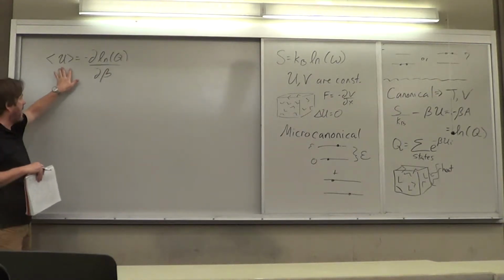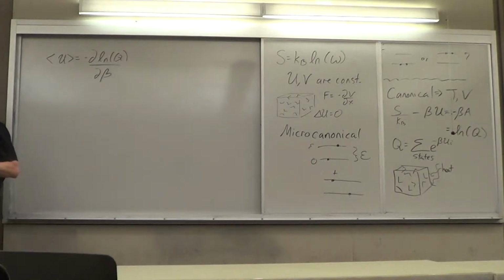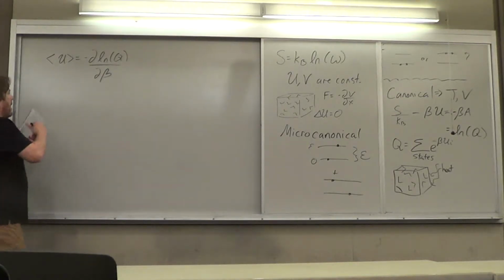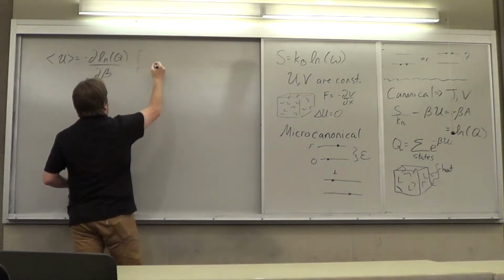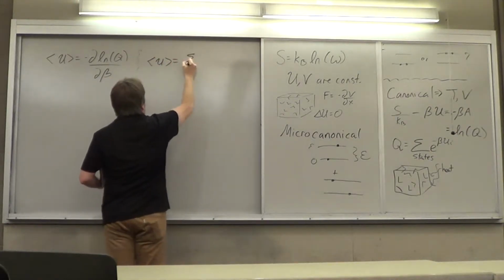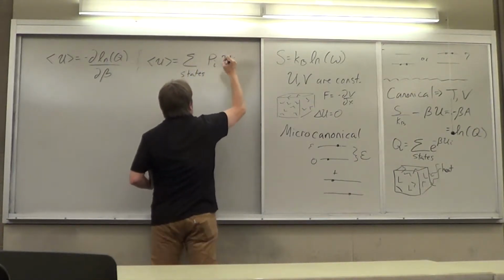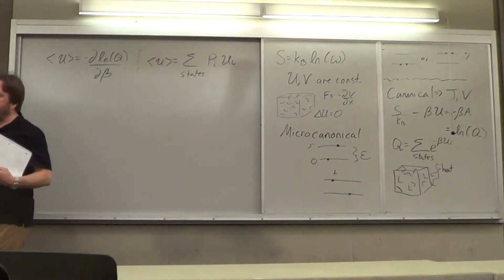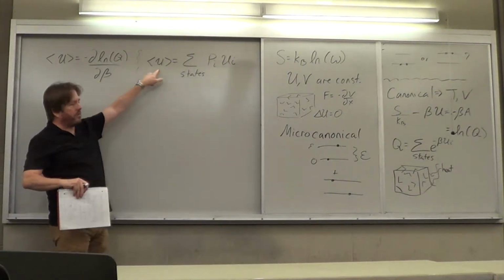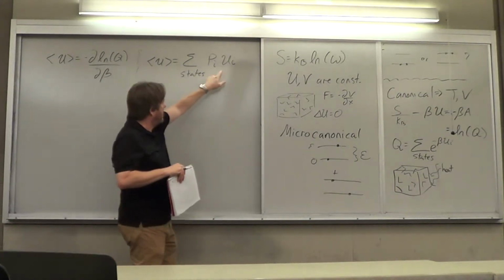So now I can figure out the average U. There you go. I showed you this last time. It wasn't particularly difficult. Part of the derivation is that for any average, this will always be true: the probability of that state times the internal energy of that state, summed over all states, will be the average internal energy, or whatever property.